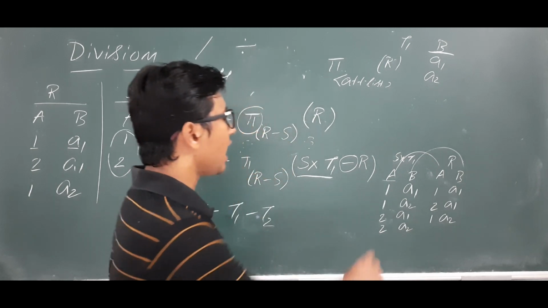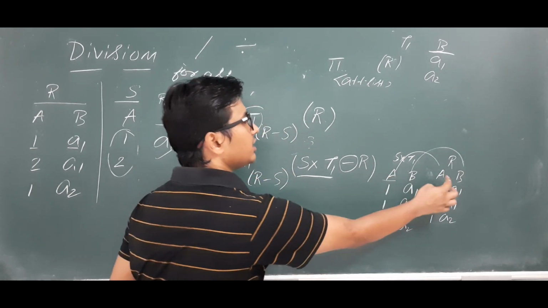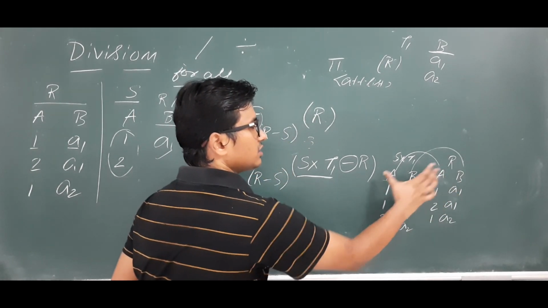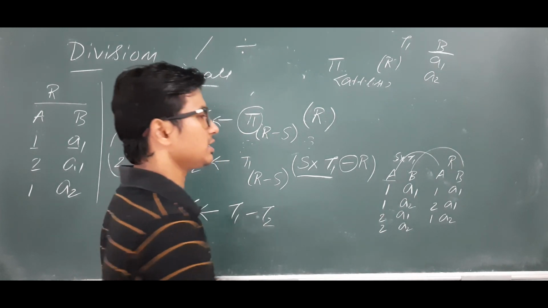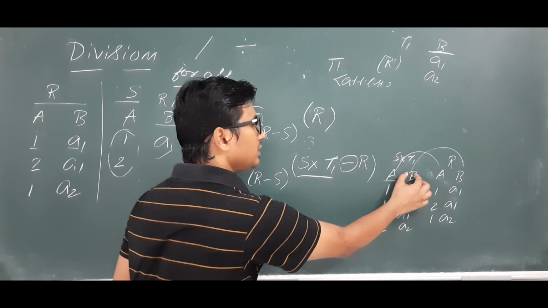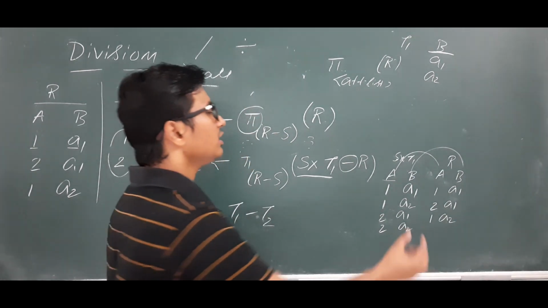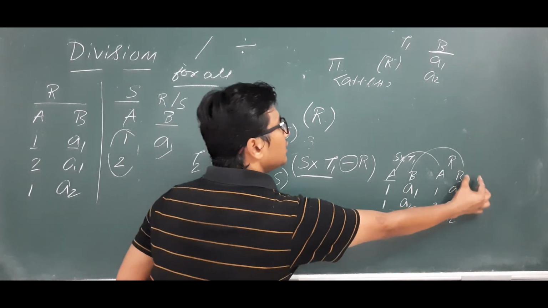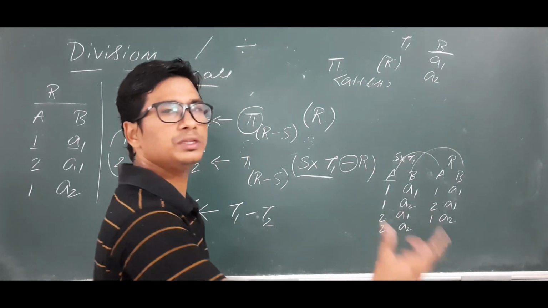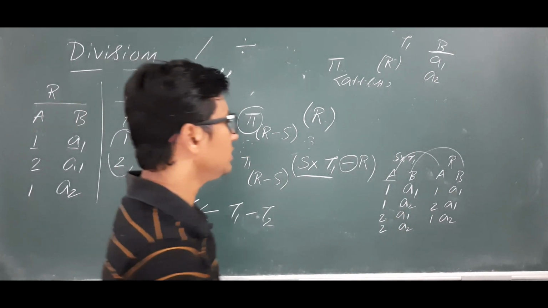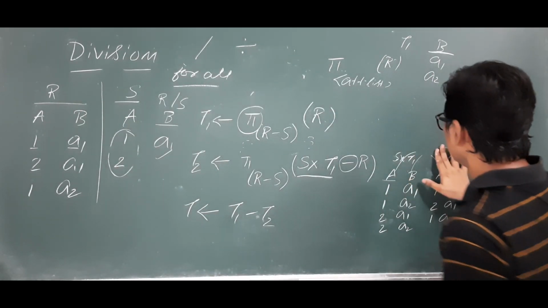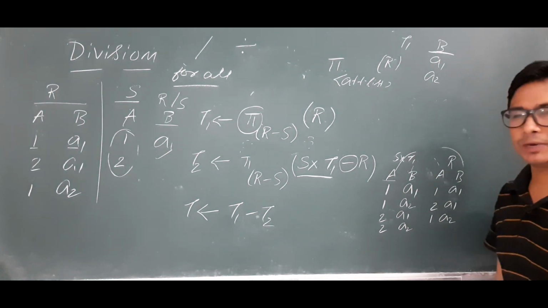Meaning, attribute 1 in this relation and attribute 1 in this relation should have the same domain. Similarly, attribute 2 in this relation and attribute 2 in this relation should have the same domain. If you have a third attribute here, here also the third attribute should have the same domain. That is what I want to say. In this one, it is satisfying the union compatibility property.